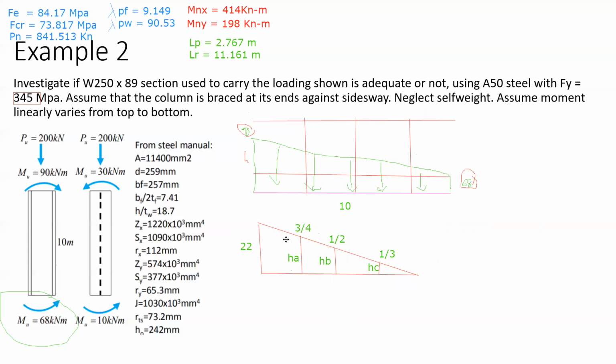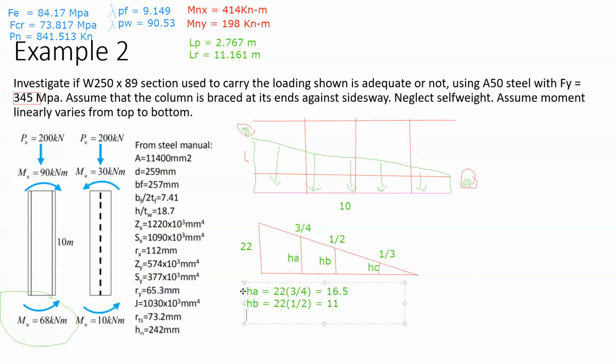So, ilan to? So, let's look for HA is equal to 22 times 3 all over 4. Ito yung next sa pinakamalaki. 16.5 po. 16.5. We have HB is equal to 22 times 1/2. 11.